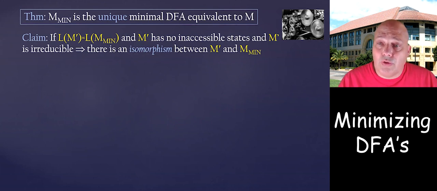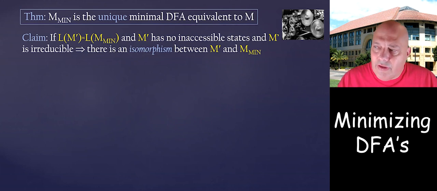There are no more equivalent states there, and all the states are accessible. So these are the properties we have. The question is, are these properties sufficient? Do we get something that's minimal? And do we get something that is uniquely minimal?